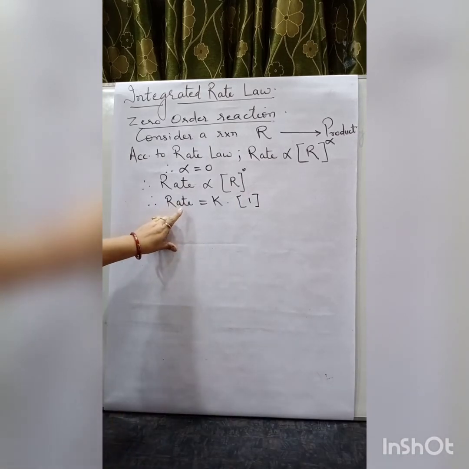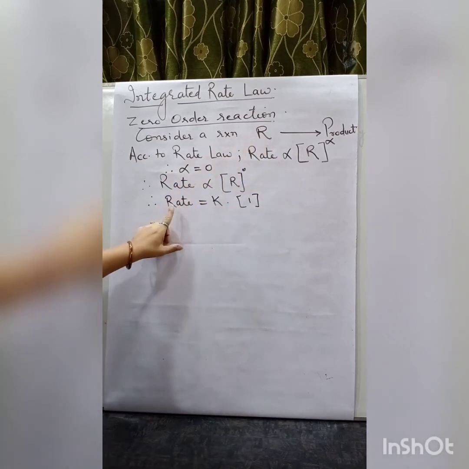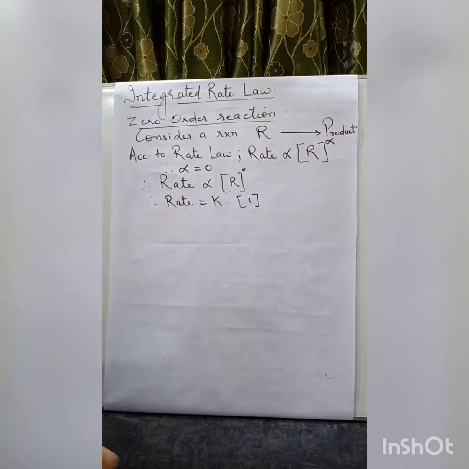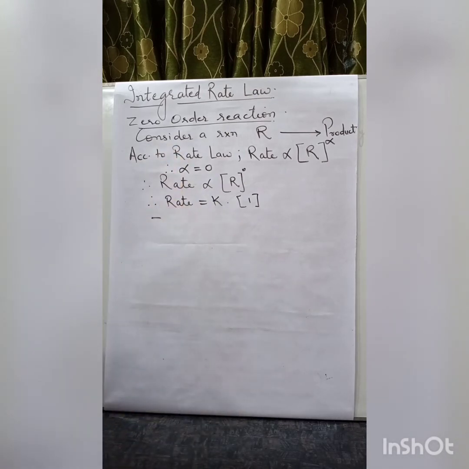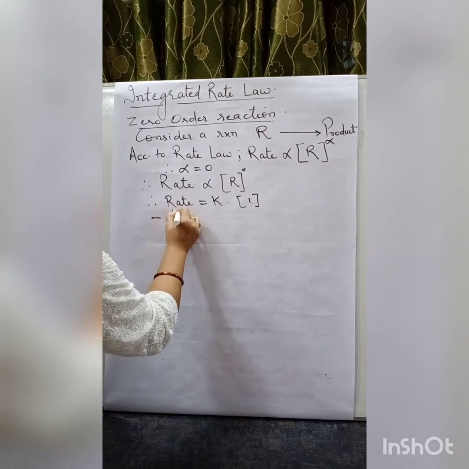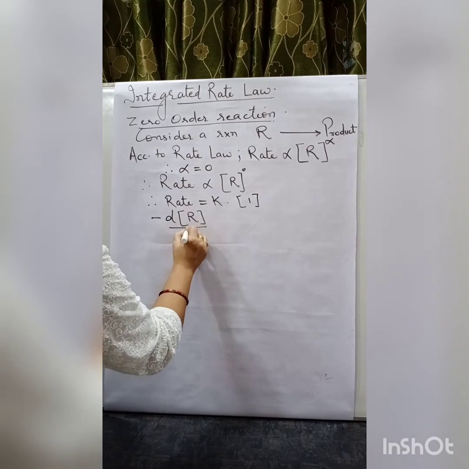Now how do we define this rate? In terms of reactant, rate is defined as decrease in concentration of reactant. Since it is a reactant, I have to put a negative sign. Instantaneous rate is the best way of determining the rate of reaction.